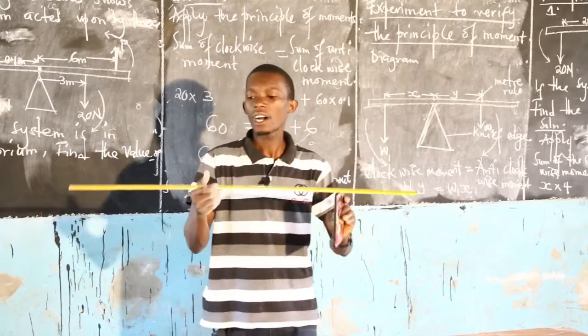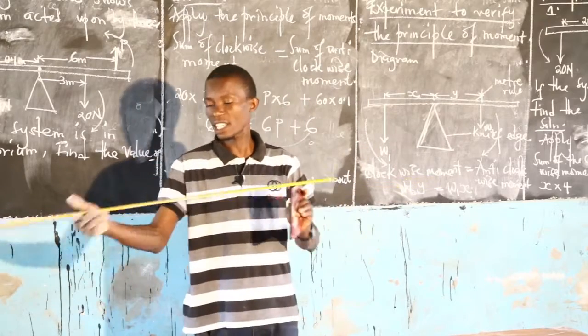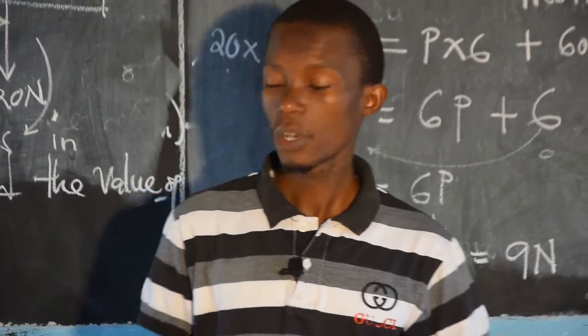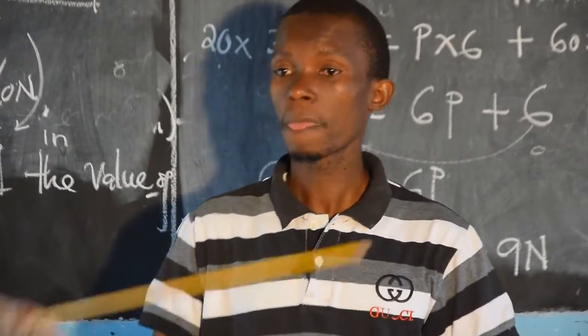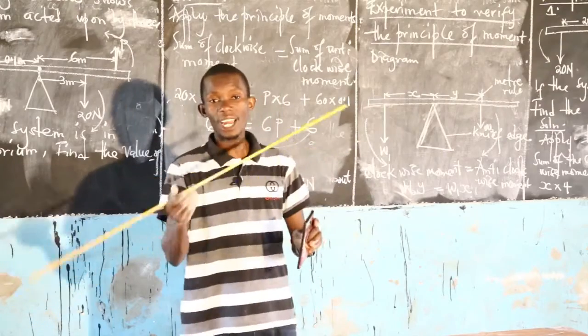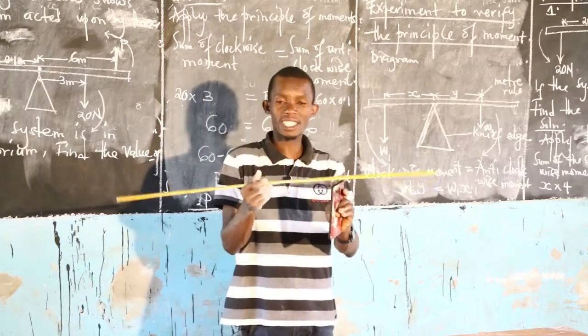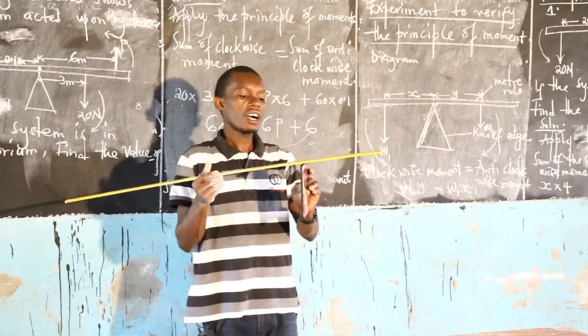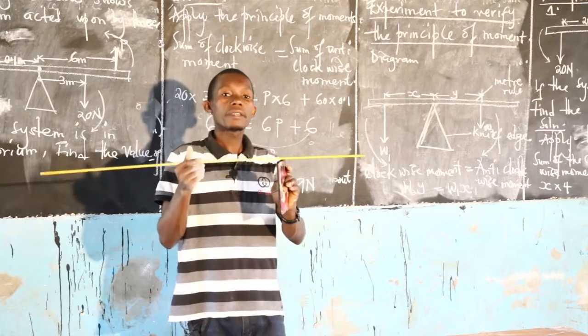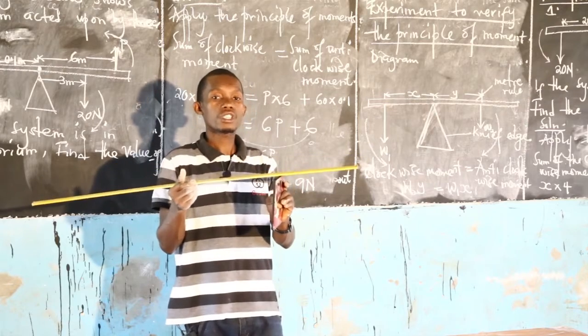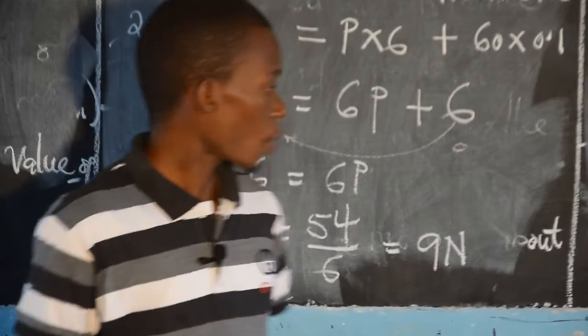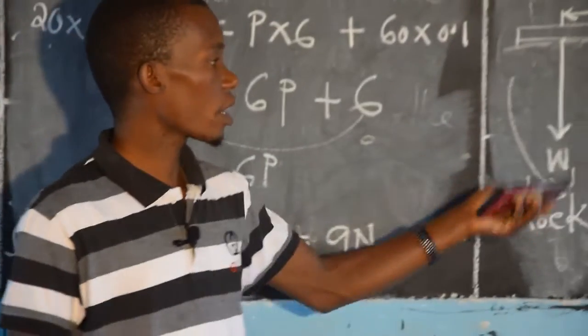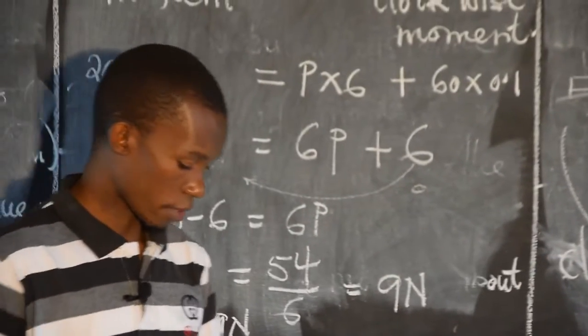And you put another mass on the other side, W2, and you adjust that mass until it balances at the knife edge. So, towards the end, you are going to see that this one is equal to the other one.